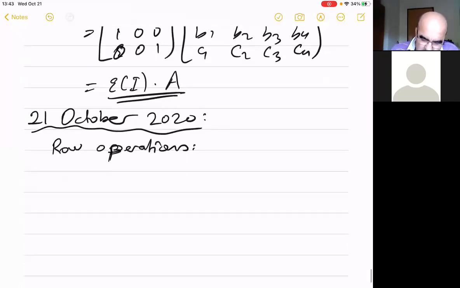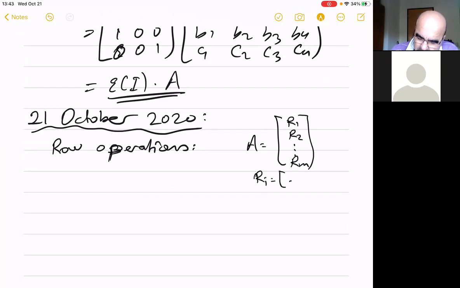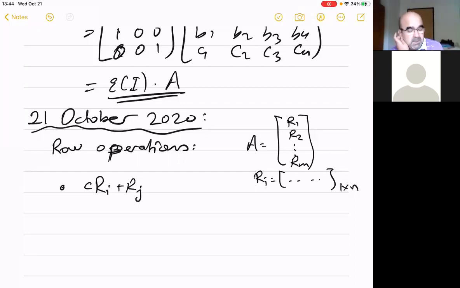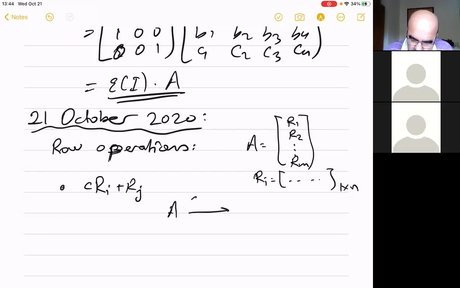Now, the first one was, when you have a matrix A, let's write this as rows: row 1, row 2, row M. That means each Ri is a 1 by n matrix, and the row operations were: if you multiply row i by some constant and then add it to the jth row, and you don't change the others, it changes A into this matrix R1 and so on.